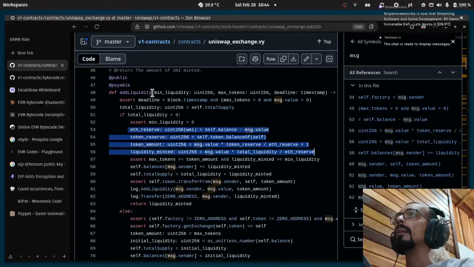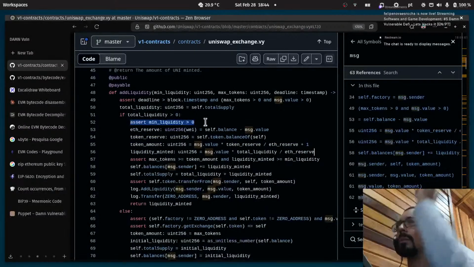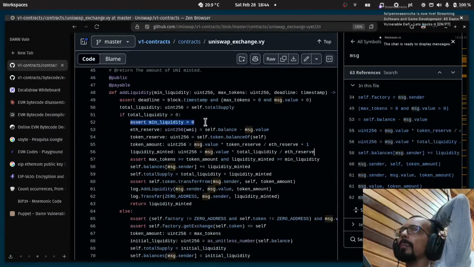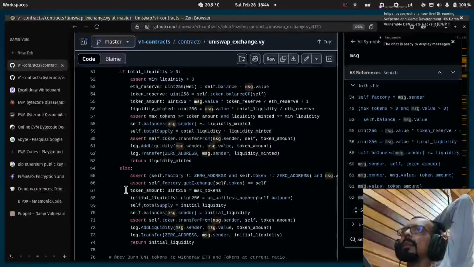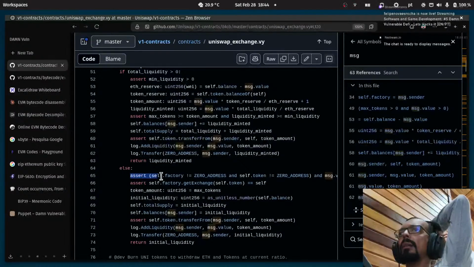Yeah, because here the minimum liquidity was 0, whether that was called. And the total supply should be 0 too. So the first time, they're going to get here.